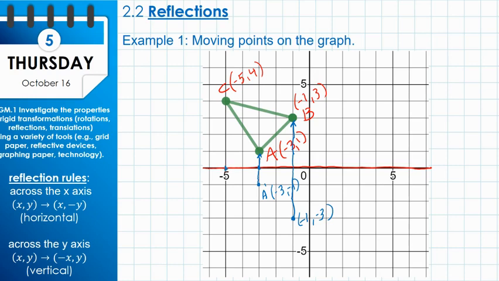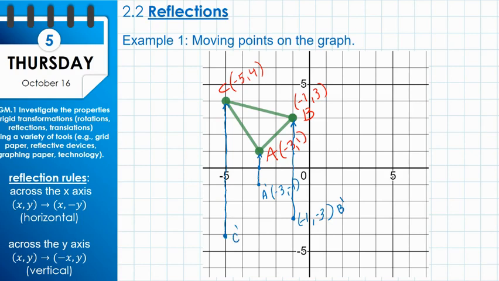C, and again, that would be B prime. C is up 1, 2, 3, 4 units from the line of reflection. So C prime will be 1, 2, 3, 4, 5 units from the line of reflection. Excuse me. Correction. C is up 4 units. 1, 2, 3, 4 units. So we come down 4. 1, 2, 3, 4.